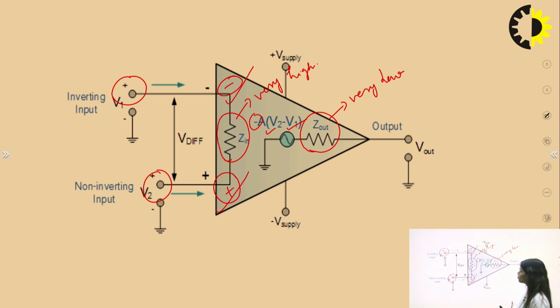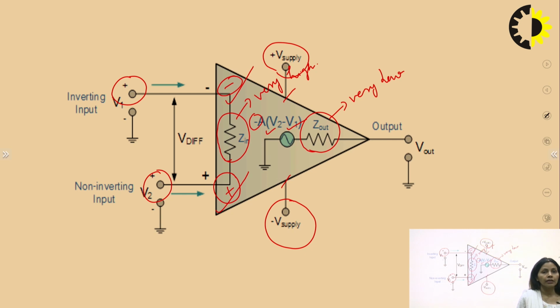Now we have two more inputs. This is the DC supply. For this IC to work, we give plus V supply and minus V supply, because the op-amp IC needs some DC voltage to operate. So we are giving two inputs V1 and V2 at the inverting and non-inverting terminals.